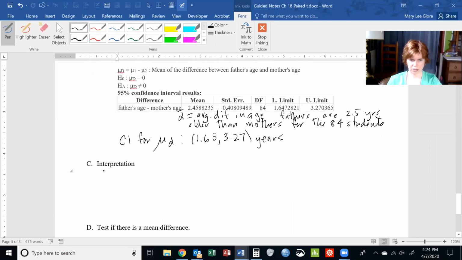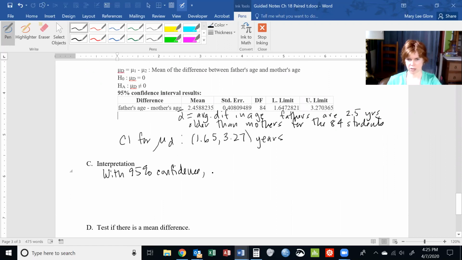So my interpretation, I'm going to say with 95% confidence, and this is an average difference, and it's fathers minus mothers.